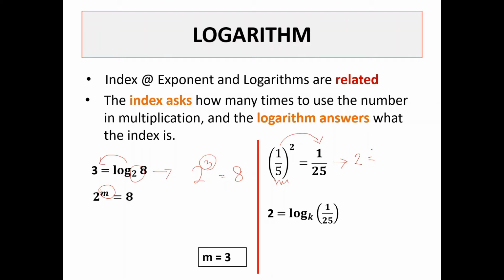So we have log base 1 over 5, and 1 over 25 remains on its side. Now we have 2 equal to log 1 over 25 base 1 over 5. By comparing these two, clearly k is equal to 1 over 5.